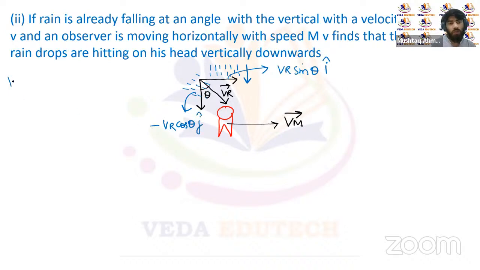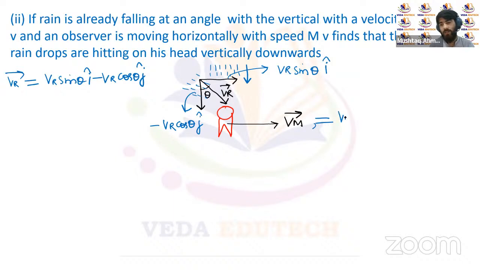So with respect to the ground, we can write this VR vector as VR sine theta I cap minus VR cos theta J cap. And with respect to the ground, this man is moving along this direction, so we can write it as Vm I cap. The velocity of rain with respect to man, Vrm, is Vr vector minus Vm vector.